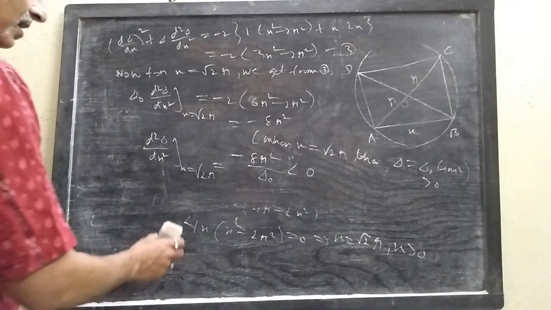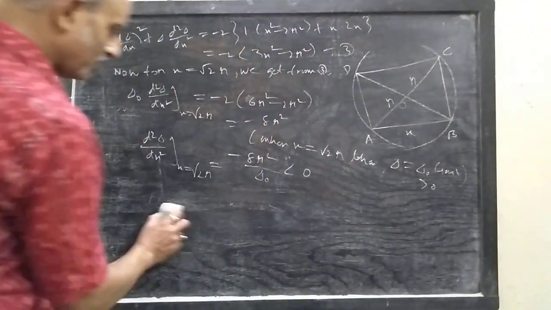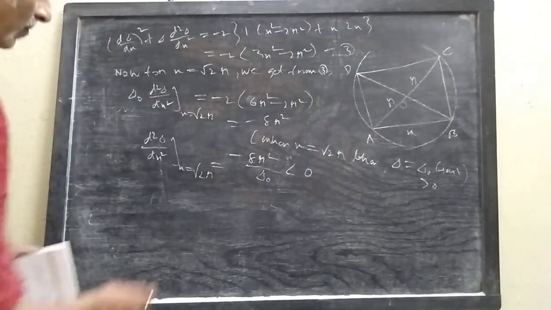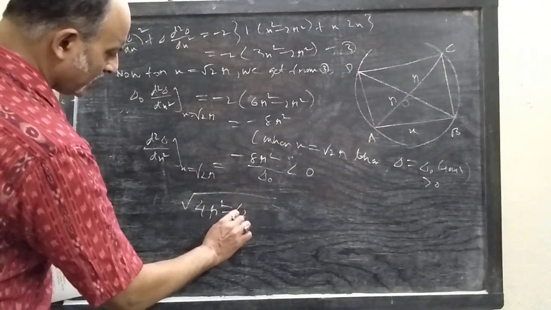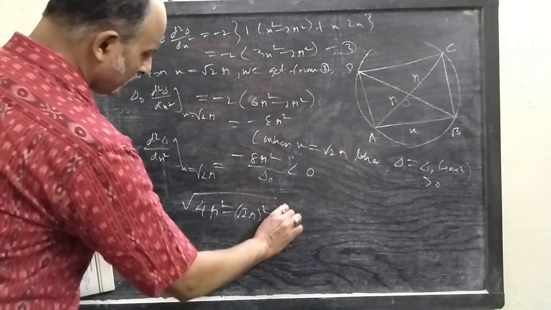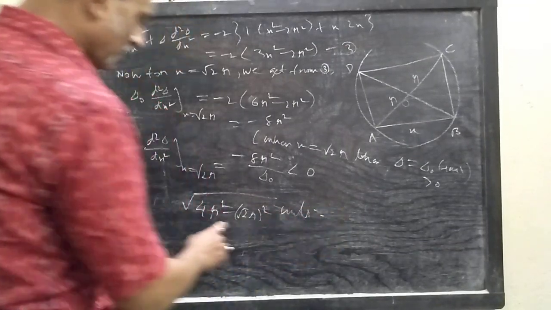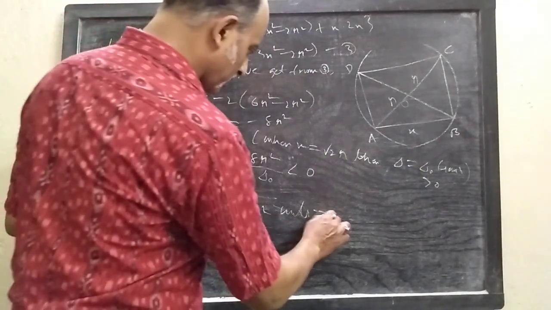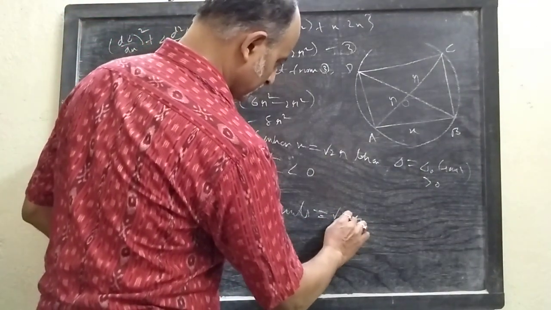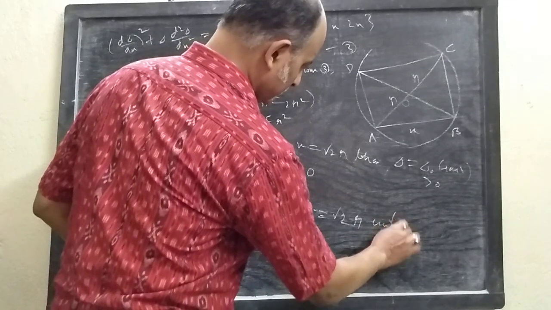And when x equals root 2 R, the length of the other side of the rectangle will be the square root of 4R square minus root 2 R whole square units. This becomes 4R square minus 2R square, that is root over of 2R square, that is root 2 R units.